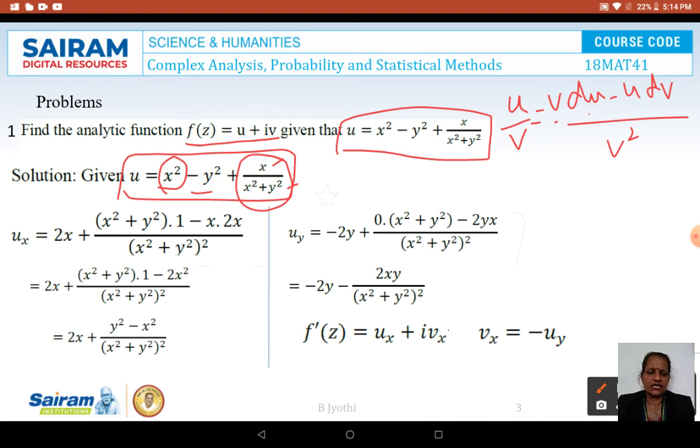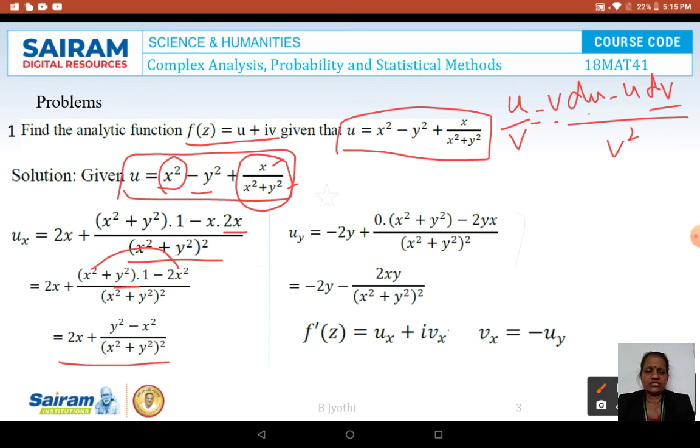Now v into du: v is x squared plus y squared into du, which is 1, minus x into the derivative of v, which is 2x plus 0. The denominator is v squared, so x squared plus y squared the whole squared. Next, 2x plus x squared plus y squared minus x into 2x, which is 2x squared. On simplification, y squared and x squared minus 2x squared will become y squared minus x squared. This is our ux.